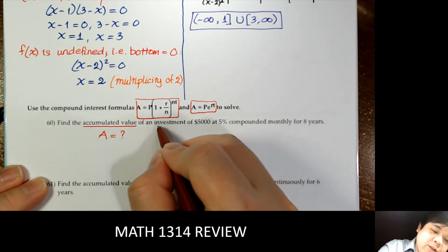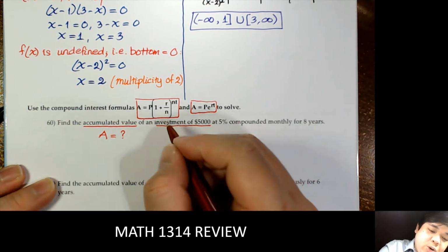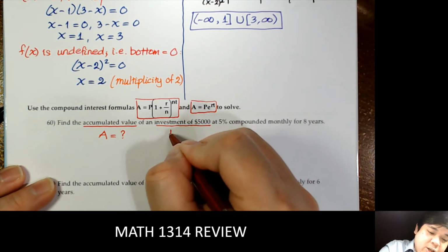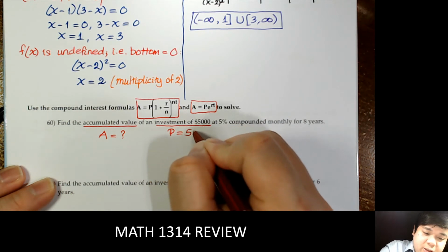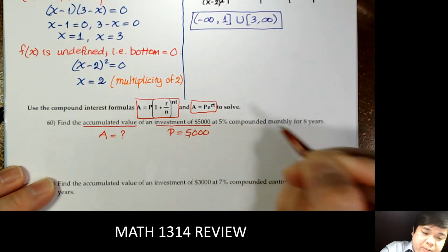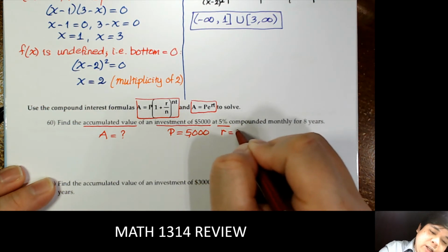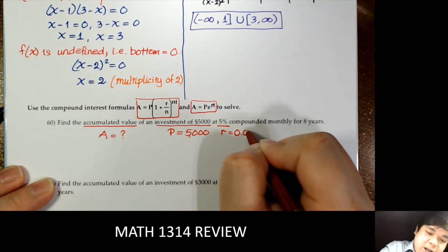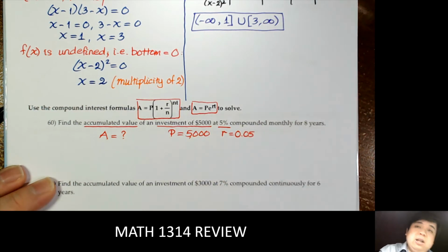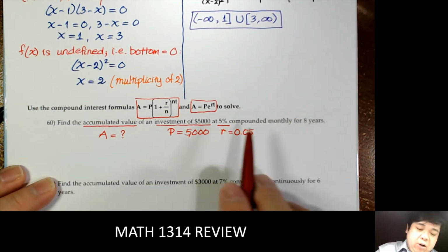Investment of 5,000. So originally we have 5,000, that's the principal. 5%, that obviously the rate. We must write that as a decimal. And compounded monthly.